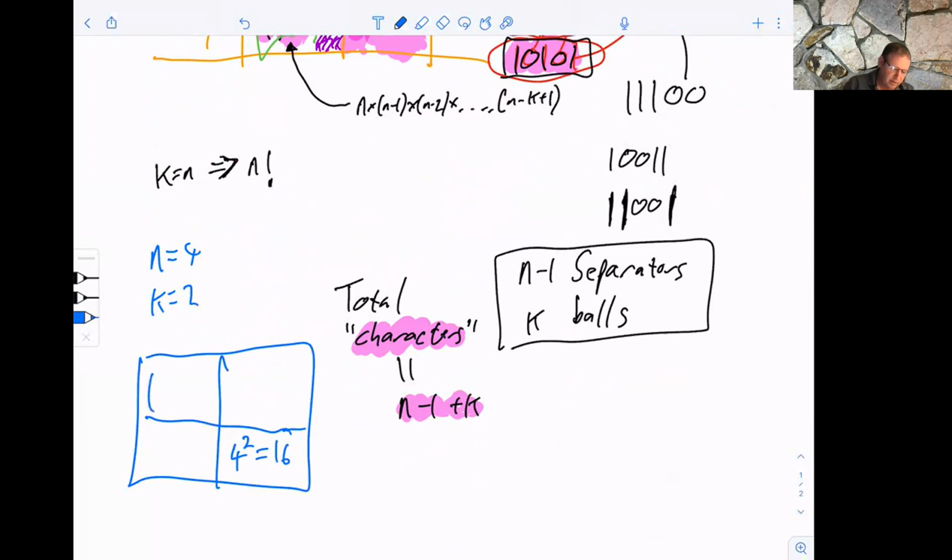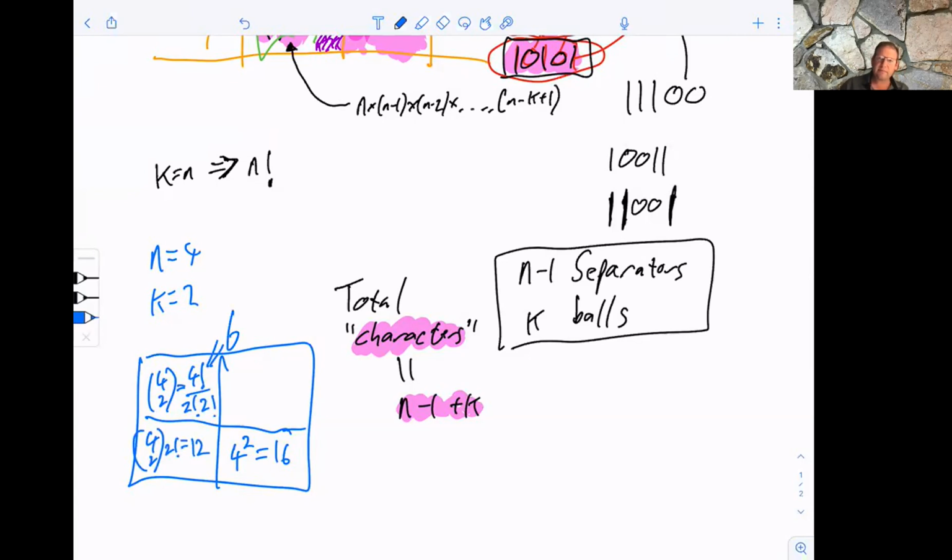Here we've got 4 choose 2, which is 4 factorial divided by 2 factorial times 2 factorial, which is 6. Here we've got 4 choose 2, just like before, times 2 factorial, and that's 12.